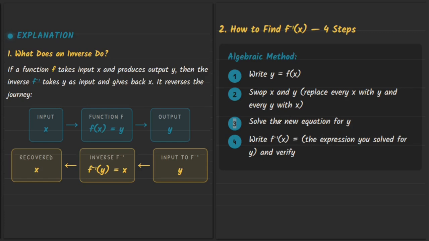So you solve the new equation for y, and the answer you get now becomes your inverse. That is all. If we start solving the questions, you would see. But one more thing we want to look at is the properties of inverse functions.